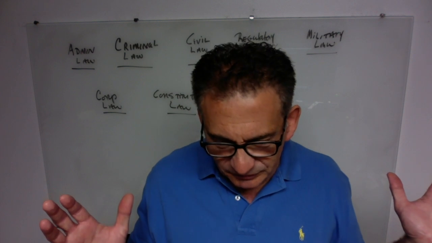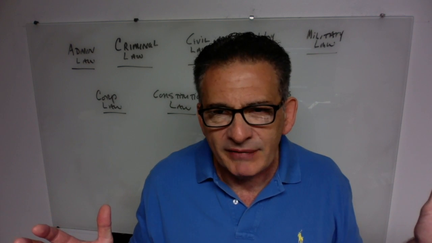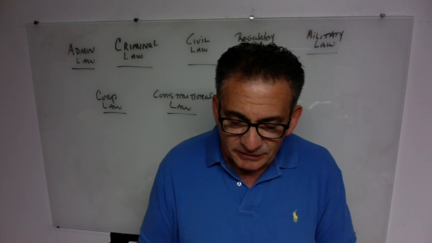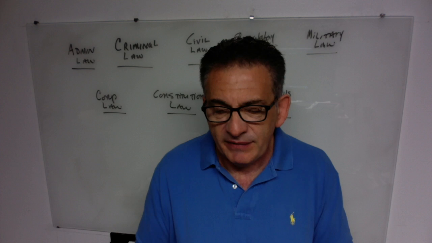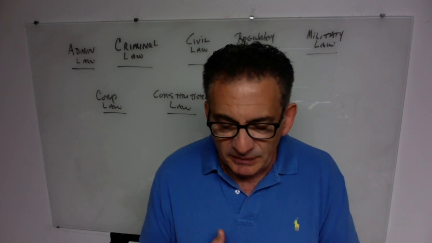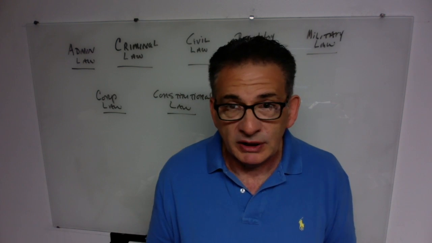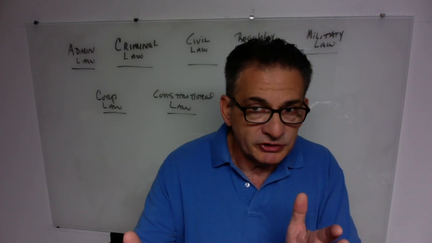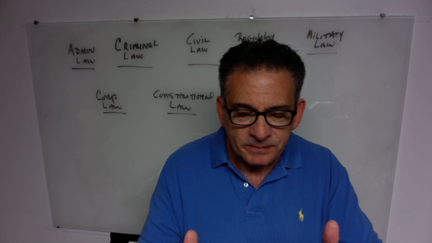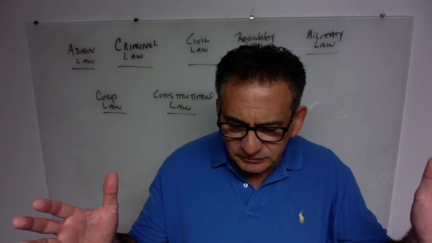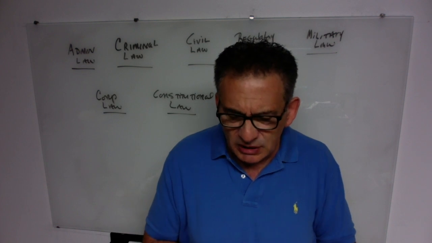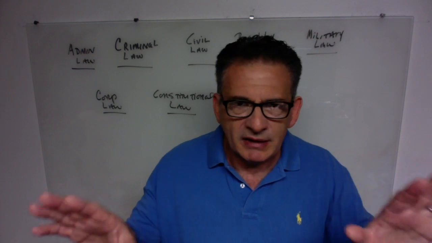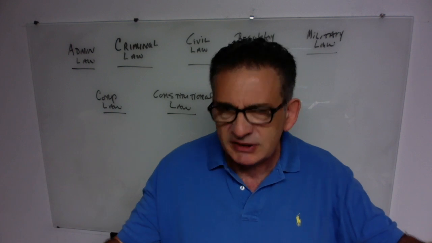Because you're setting up rules that have an impact on people, you better make sure that those rules can be interpreted consistently and that they make sense, right? Because that's what the rule of law is. Here's how it works, time and time again, until we change it because it doesn't work anymore. For example, Plessy versus Ferguson, constitutional law: separate but equal is fine. You've got a water fountain, this race has a water fountain, this race has a water fountain.